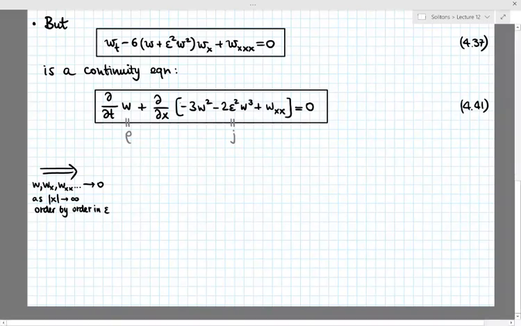So in particular, J, the current density, vanishes at infinity.